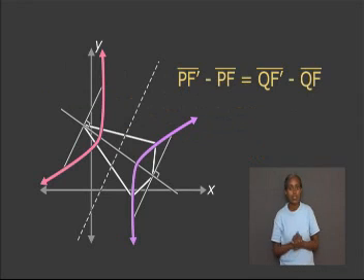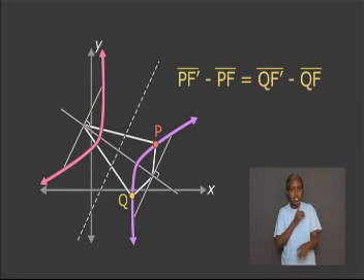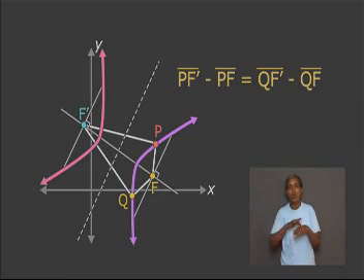Let us say that we have two points, P and Q. If the distance from P to F prime minus P to F is equal to the distance from Q to F prime minus Q to F, then these points lie on a hyperbola.